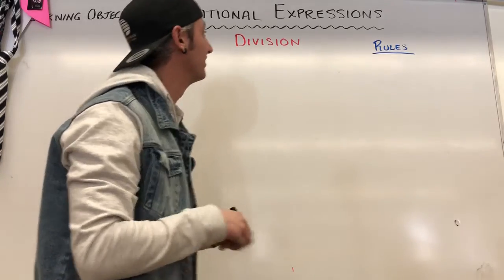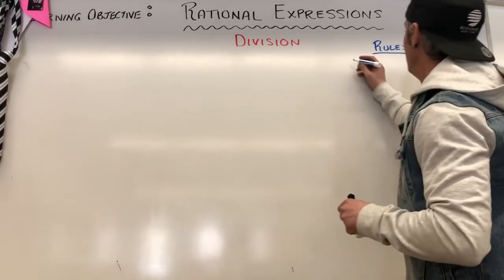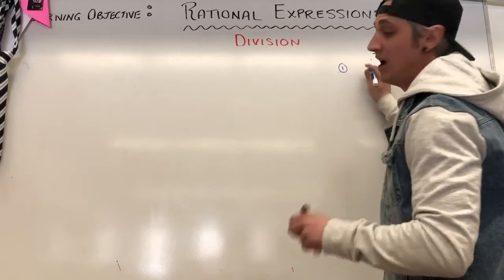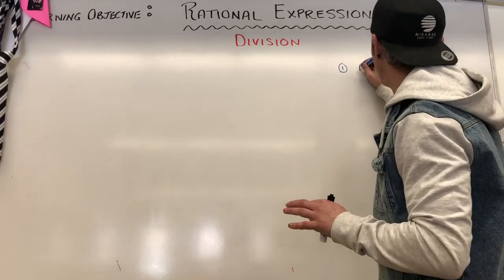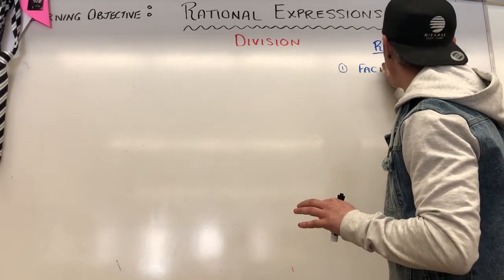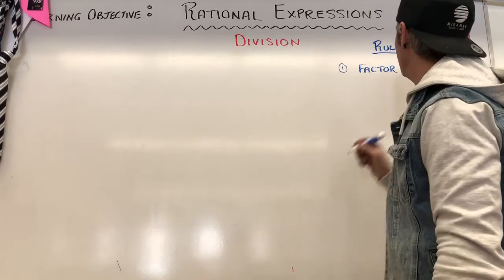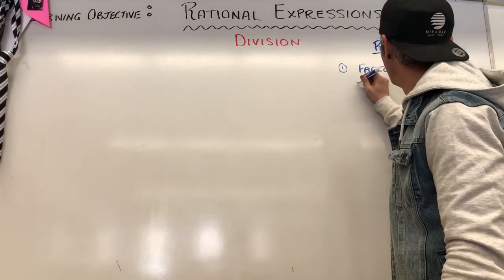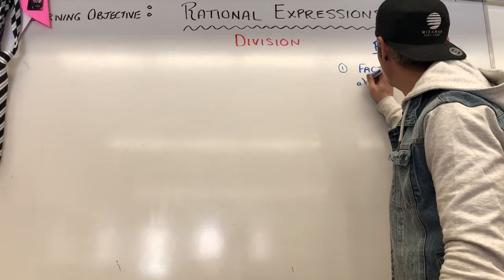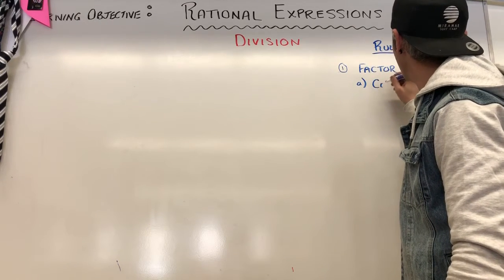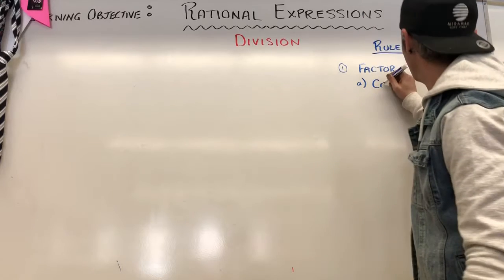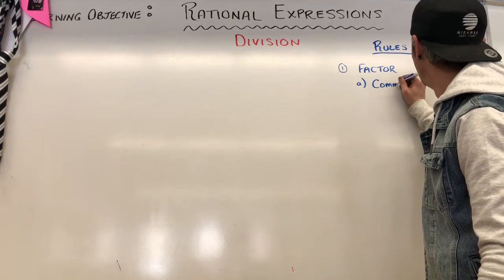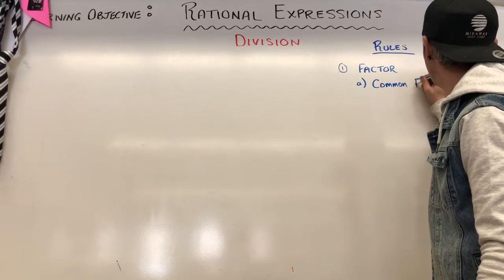Okay, so the rules. Just like with multiplication, the rules are, number 1, we want to factor everything. So we're factoring. Factor. We're starting by looking for common factors first.